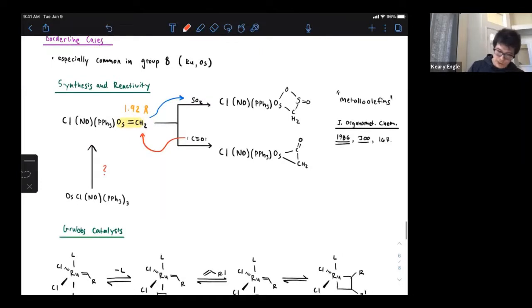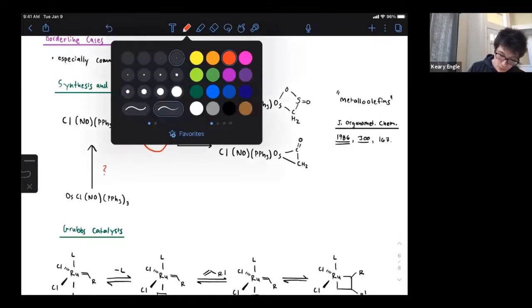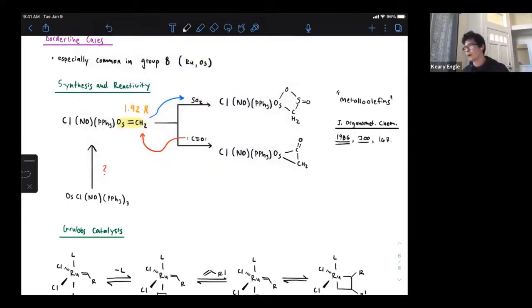Some of the early work in this area was done by Warren Roper, with both ruthenium and osmium. So let's just consider one case. I don't want to get drilled too much into this reactivity, some of which is a little bit exotic.